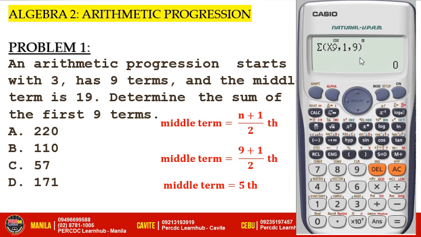So, ito na yung sum of first 9 terms based sa given natin na first term is 3 and the fifth term is 19. So, ano yung sagot? Pag-press ko ng equal, lalabas na po ang correct answer. So, ayan. The correct answer is 171, and that is letter D.